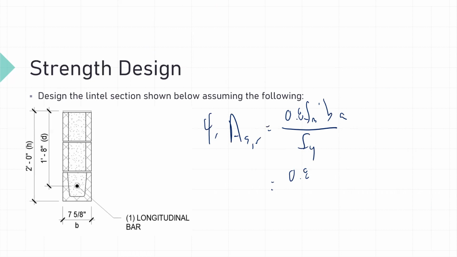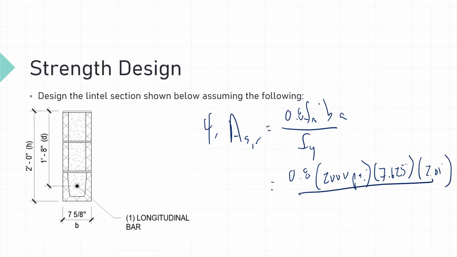So we have 0.8 times 2000 PSI, our F prime M, times 7.625 inches, our B, times 2.01 inches, the A that we just calculated, divided by 60,000 PSI.